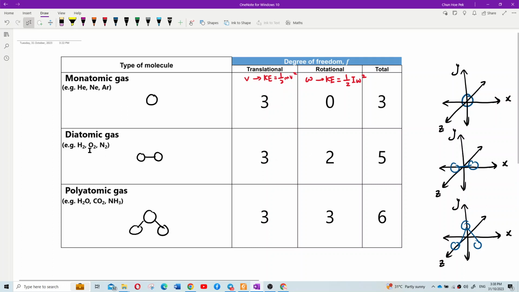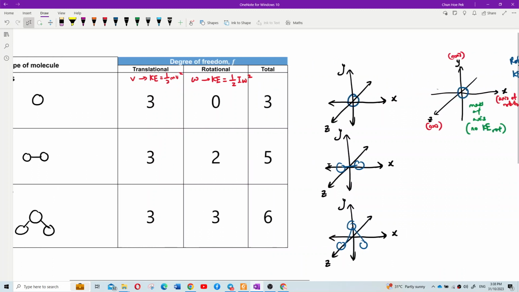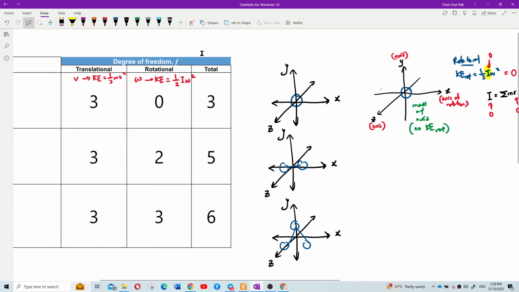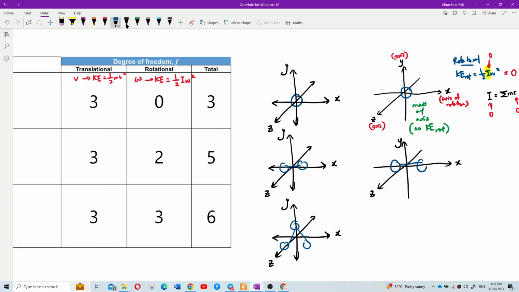Now for diatomic like hydrogen, oxygen, nitrogen, why only 2, not 3? Look at this. I think you figured it out already, I did the demonstration just now. I hope that you figured it out. X, Y, Z. Let's say diatomic. I draw a diatomic molecule.